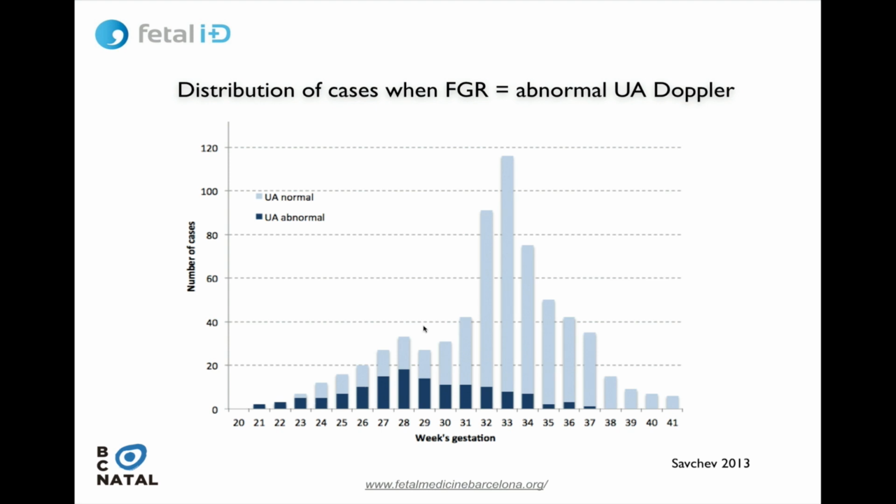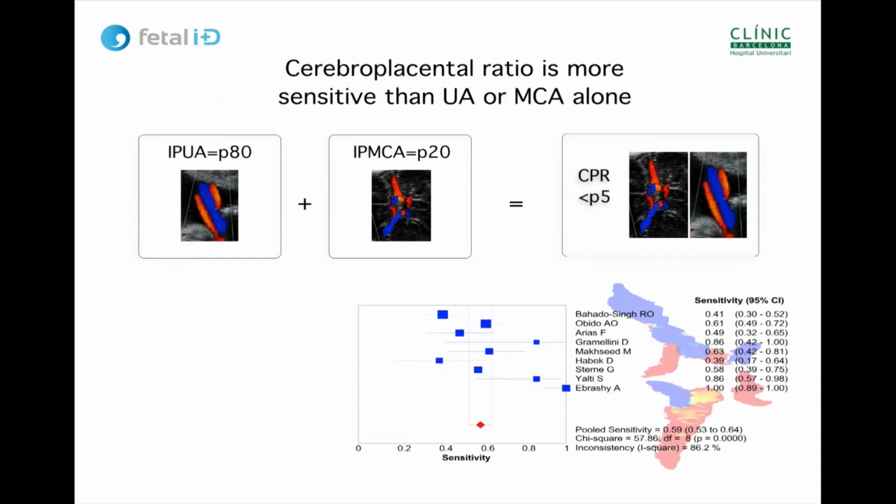This only reflects when you do the ultrasound, of course, but more or less what it illustrates is that there is a big proportion of small fetuses that are detected later in gestation, and the dark lines are those that had an abnormal umbilical artery, and the lighter part of the bar reflects the proportion which had a normal umbilical artery. So this is abnormal umbilical artery, the darker. And as you can see here, when you are diagnosing fetal growth restriction later in gestation, the vast majority of cases are going to have normal umbilical artery.